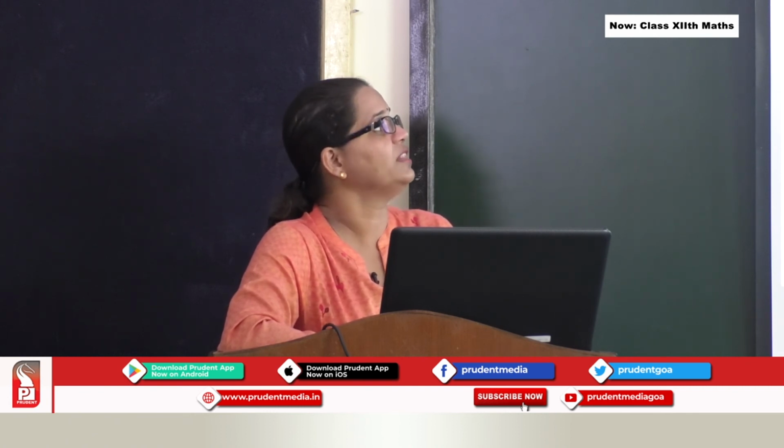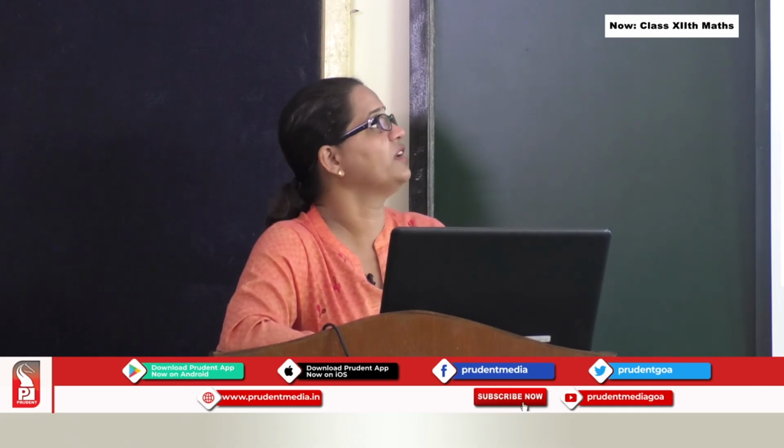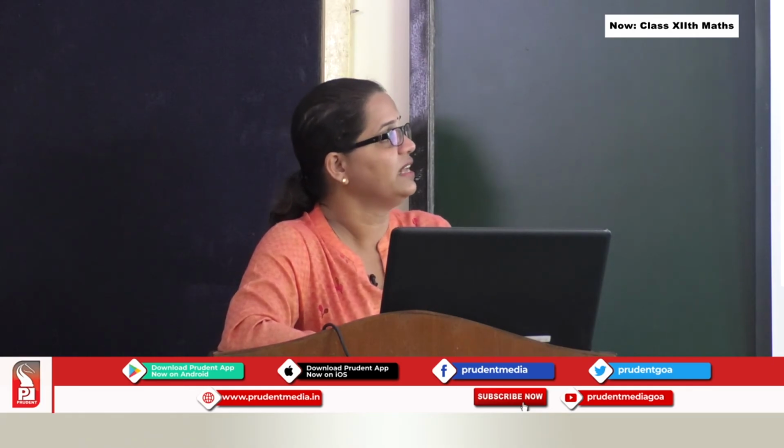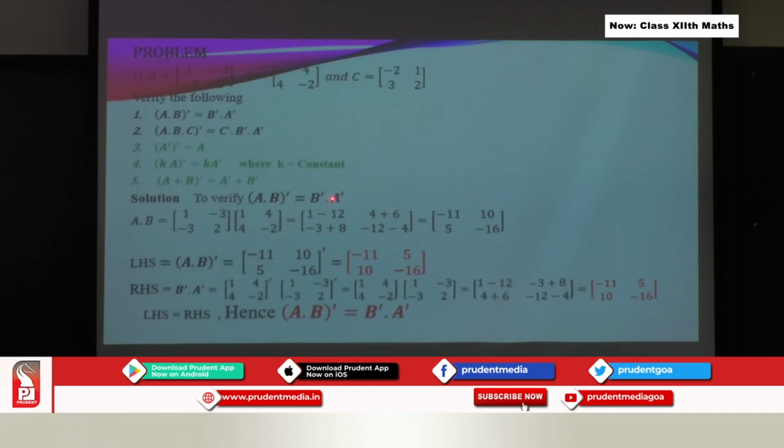Now all these properties we discussed before. A into B the whole transpose equals B transpose into A transpose. I am talking about the first one. This is my LHS, this is my RHS. To get my LHS, I have A into B in the bracket. I am multiplying two square matrices, and the final output will again be a square matrix, so I don't have to check for conformability here.